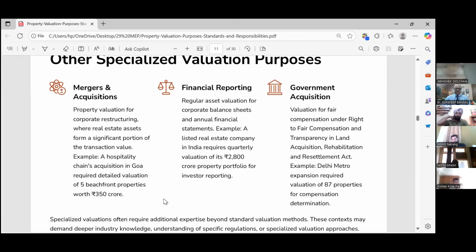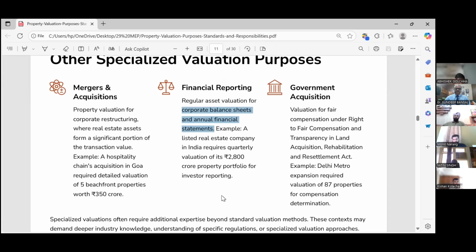Then for financial reporting, so many times regular asset valuation for corporate balance sheets and annual financial statements, your services are required as a filer. For example, a listed real estate company in India requires quarterly valuation of a 2,800 crore property portfolio for investor reporting.